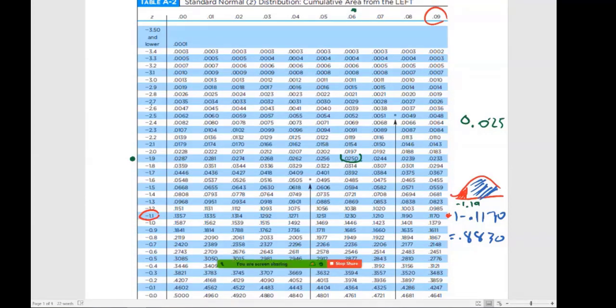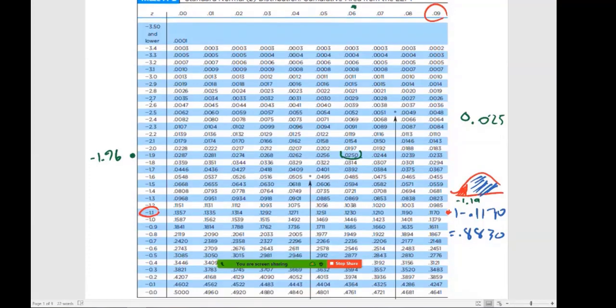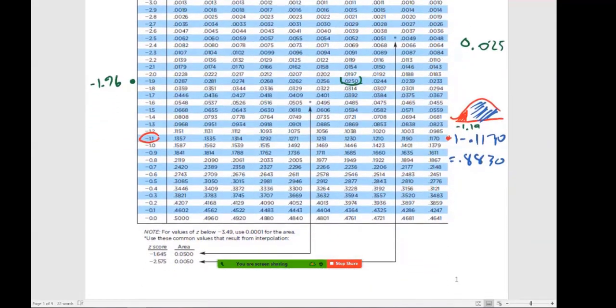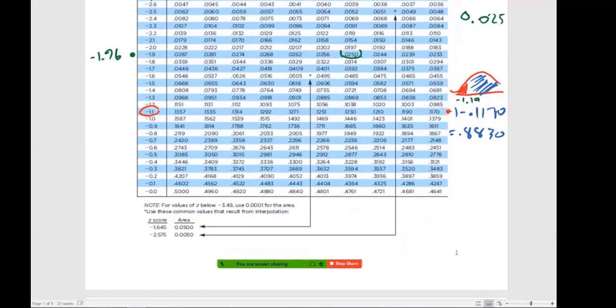So I hope you can see the negative. Since I wanted a positive z-score, the area to the right was 0.025, then by symmetry, the answer would be positive 1.96. If I want to go with a positive z-score, then I can't look up 0.025. Instead, I got to look up 1 minus that. So I got to look up 0.975.